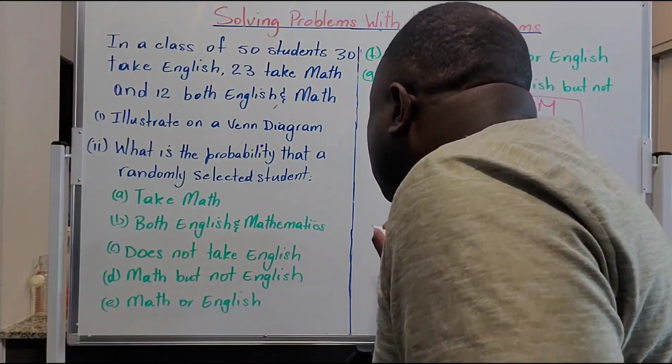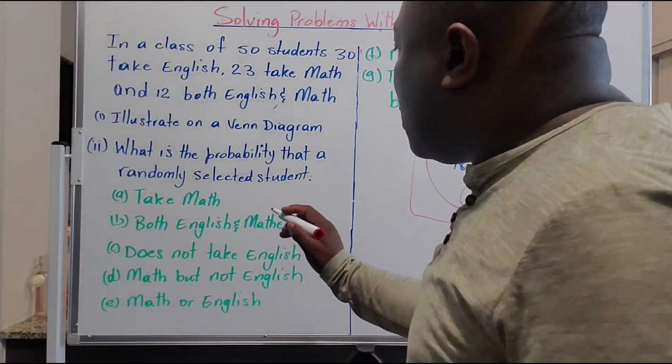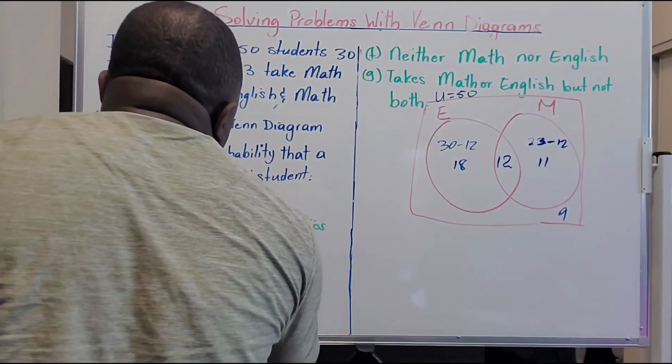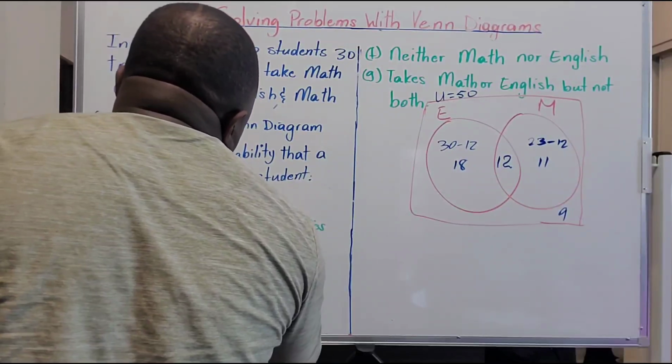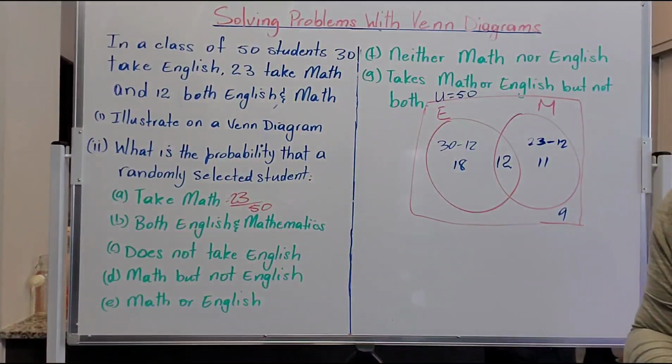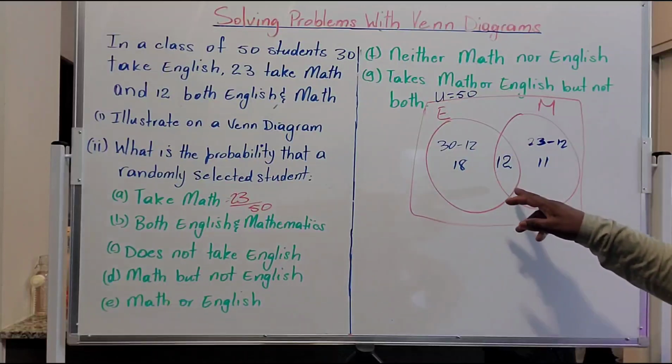So the probability of a student taking just math would be 23 over 50. Because it tells us that there are 23 students. So if I was to randomly select any one student, I can select at least 23 out of 50.